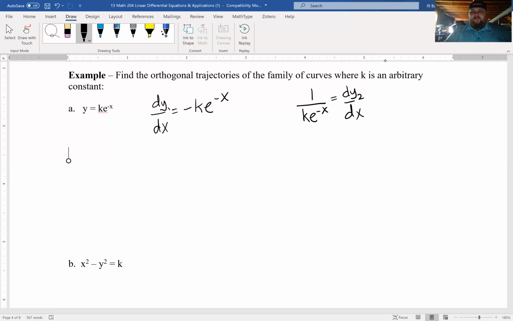Now, before you solve this, you have to come back over here and solve for this constant k, and then plug it in. Solving this equation for k gives y over e to the minus x, or y e to the x.